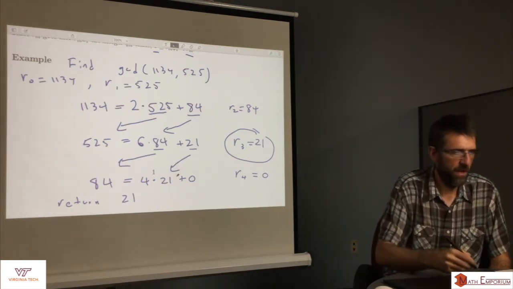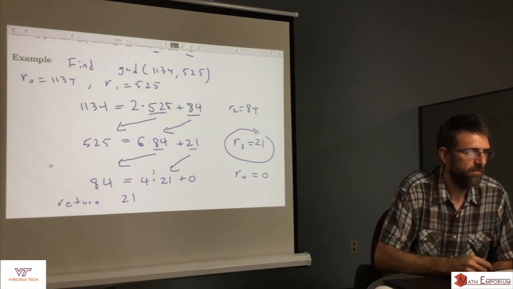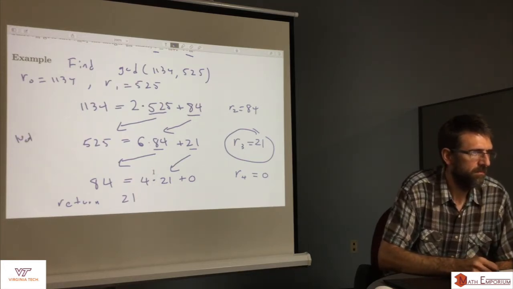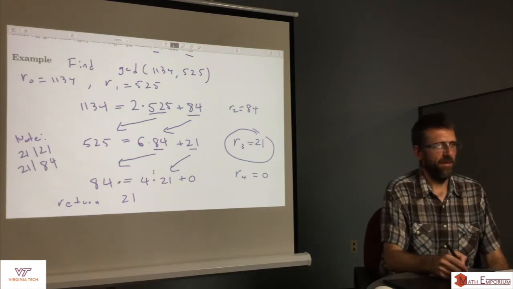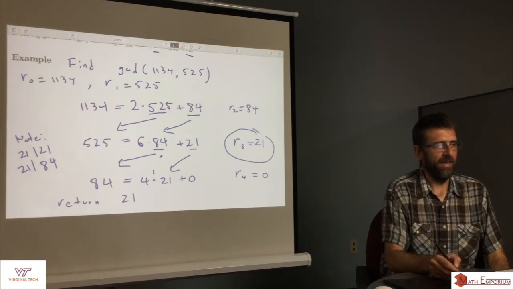So, of course, 21 divides itself. 21 also divides 84, so that means it's going to divide any linear combination of 21 and 84.